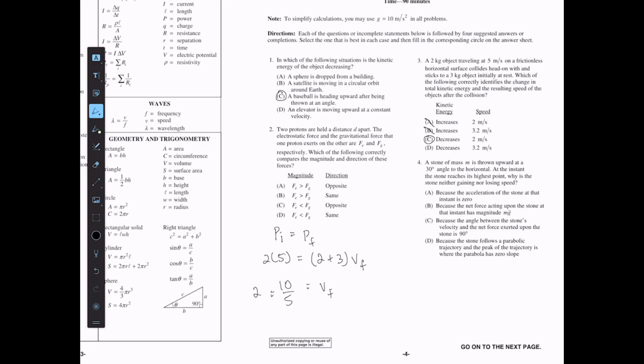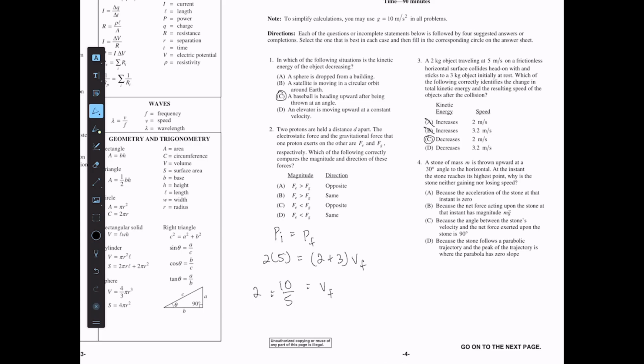The net force at that instant has a magnitude of mg. That's true, but it doesn't explain why the stone is neither gaining nor losing speed, because that's the net force throughout the entire trajectory. Because the angle between the stone's velocity and net force is 90 degrees. That's true.